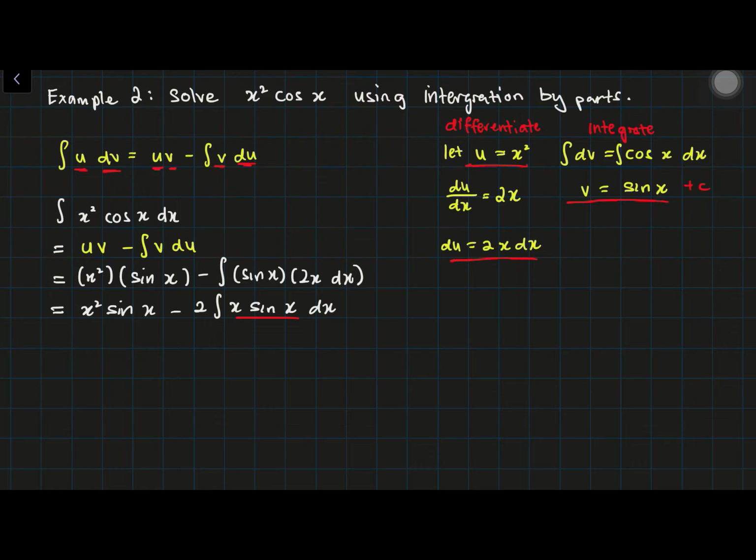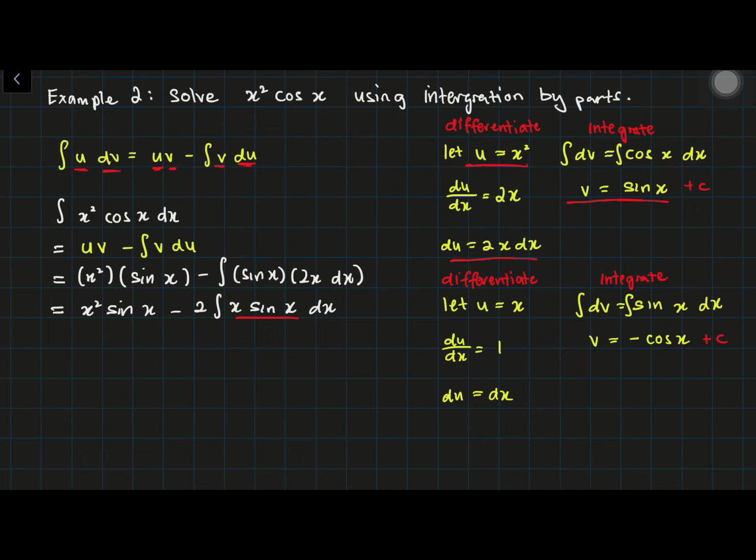At this point, our second term is the integral of x sin x dx. Therefore, we have to perform integration by parts one more time by letting u equal x and dv equal sin x. As usual, we will differentiate the left side and integrate the right hand side.